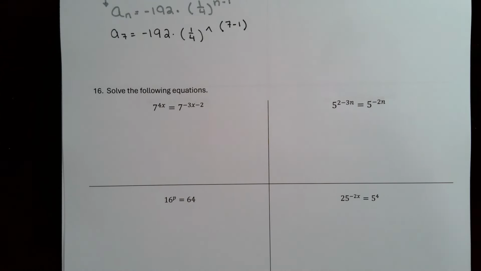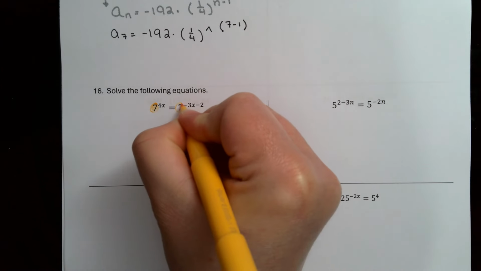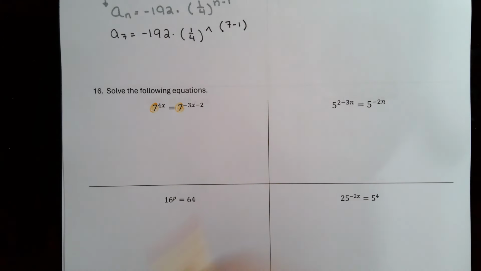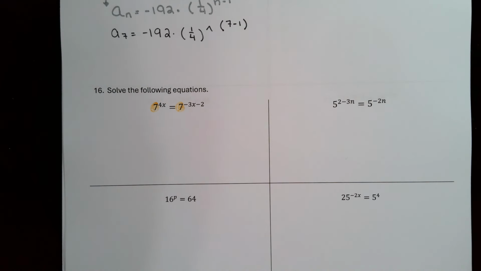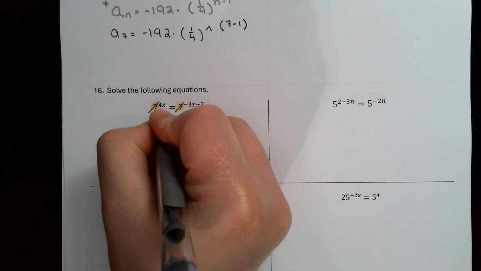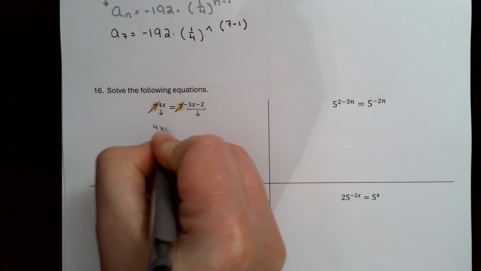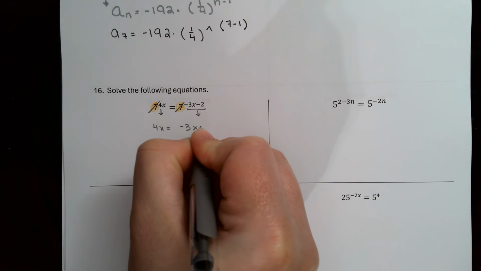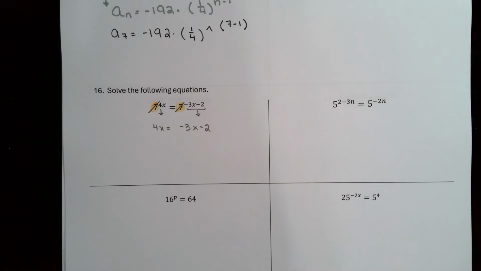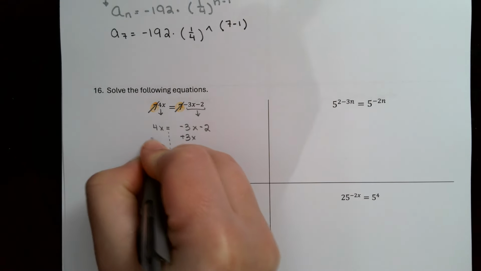The one-to-one property says that if you have one base on each side, so if I have a 7 here, and I also have a 7 here, these are considered one-to-one, which means that I can remove these bases, bringing down the exponents and setting them equal to each other. So 4x is equal to negative 3x minus 2. And then we can proceed to solve. So here I'm going to do a dotted line for balance, adding 3x to both sides.